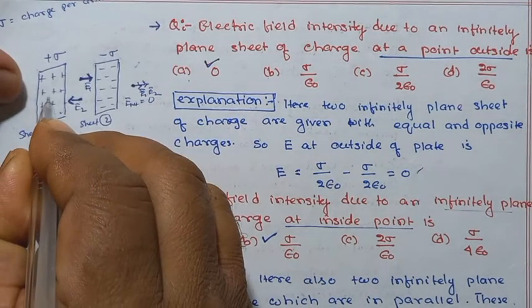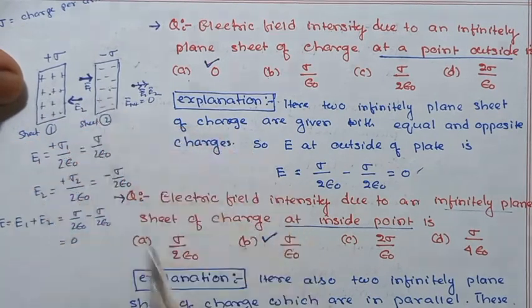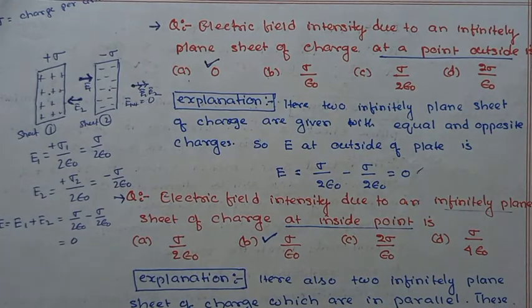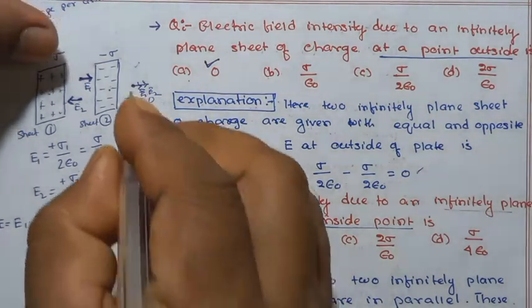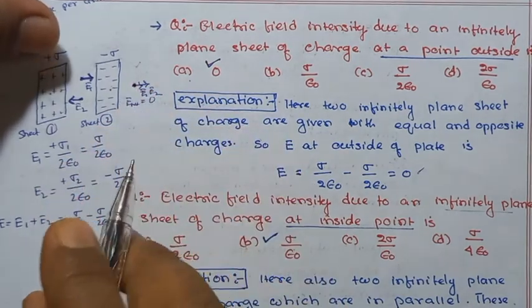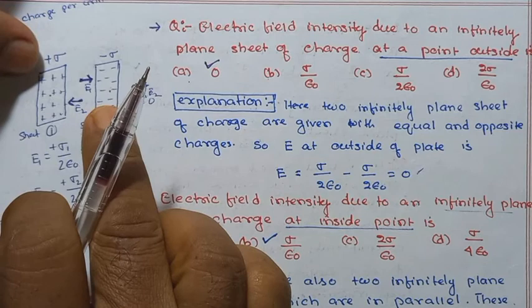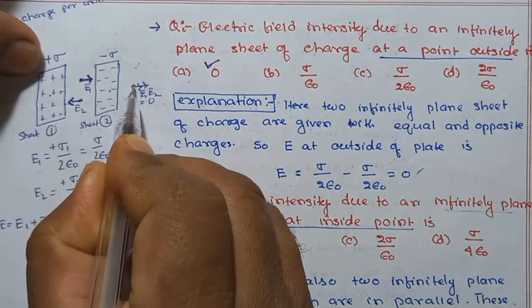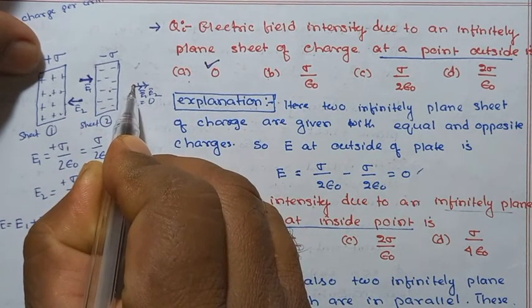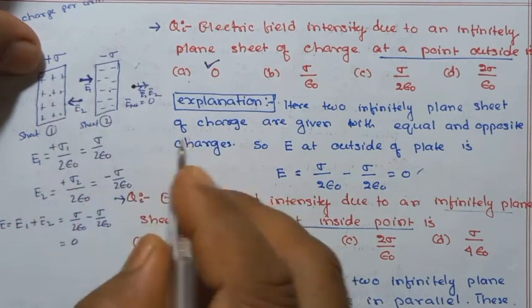This one is given positive charge, this one is also given positive charge. At that time, when we select an outside point, suppose this point is outside, think only this sheet is present, this is not present. At that time, here electric field intensity is away from the sheet of charge.